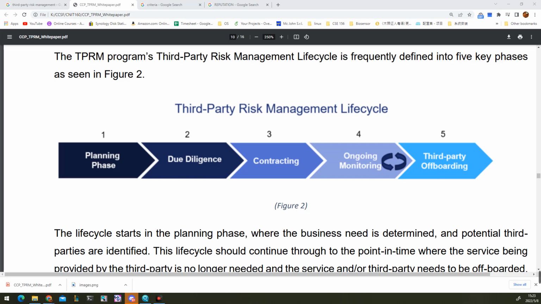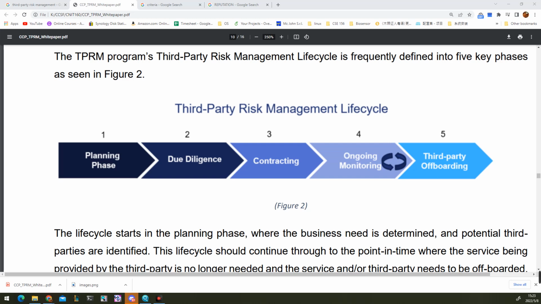So we need to consider how the third party protects our data, privacy data, and how they use our company data. That's what we need to consider.